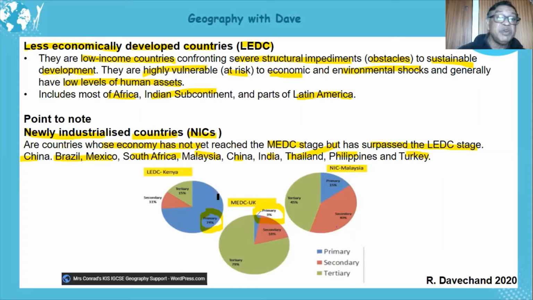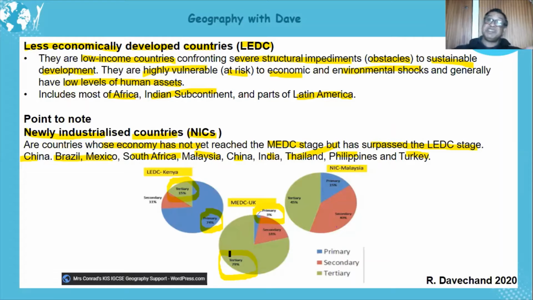So when you look at the tertiary activities of Kenya, it's 15%. You look at the tertiary activities of the United Kingdom, it's a massive difference, 79%, which is huge. You understand the difference?